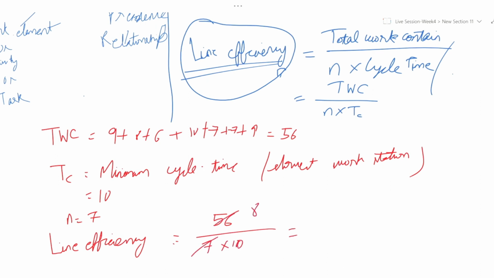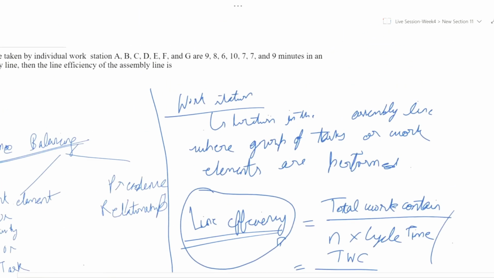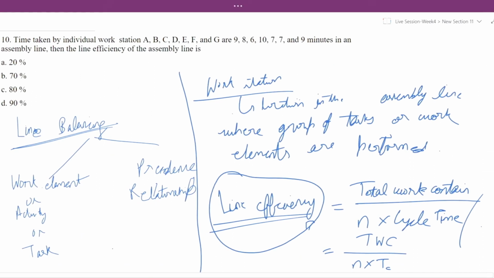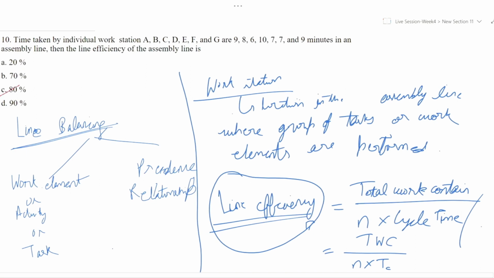This is 0.8, which when we convert it to efficiency becomes 80%. Okay, so the correct answer is 80%. So moving on to the next question.